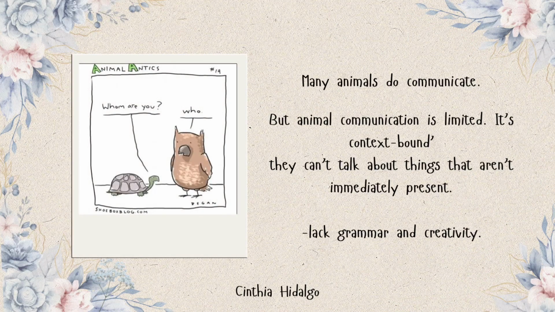Although animals like birds, bees and primates do have ways to communicate, their systems lack key features found in human language, such as creativity, displacement, and grammar. This means they cannot produce an infinite number of new messages, talk about things that are not present in time or space, or use structured rules to generate meanings.